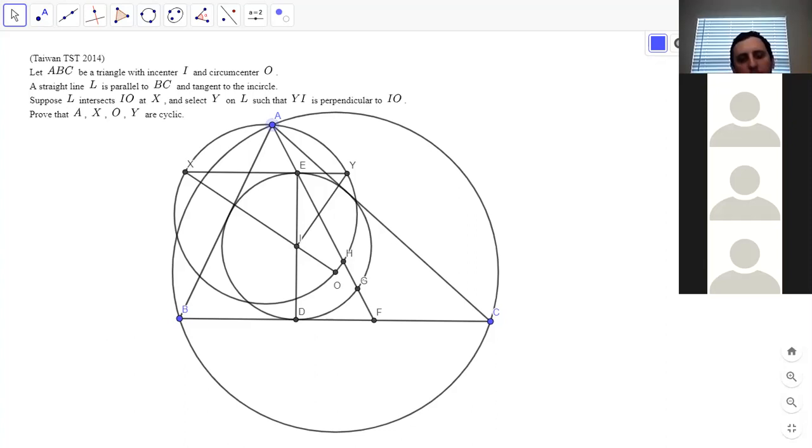I'm just trying to think how to convert that condition. So IE squared is the same as IE times ID, and that's AE times EH. So basically, what if we shifted A and H downward?